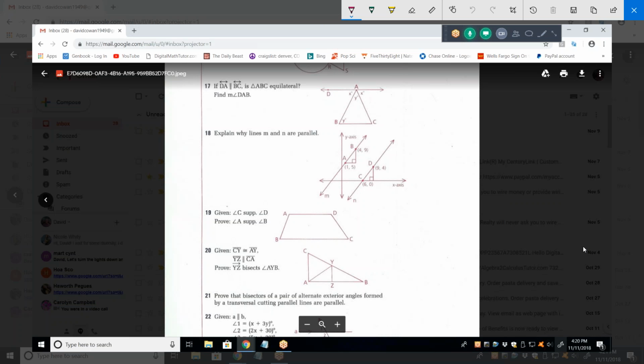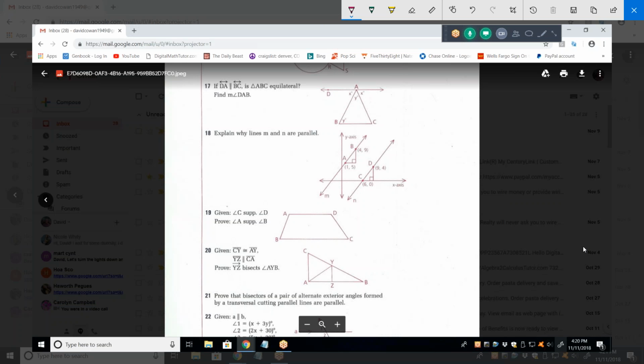It would be 60. Yeah, it would have to be, because if this is the equilateral triangle, that's going to be 60. They're both x, so that would have to be 60. Okay, so let's see if we can prove whether that's equilateral.